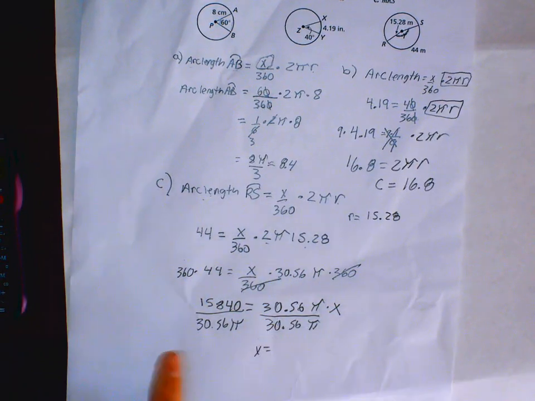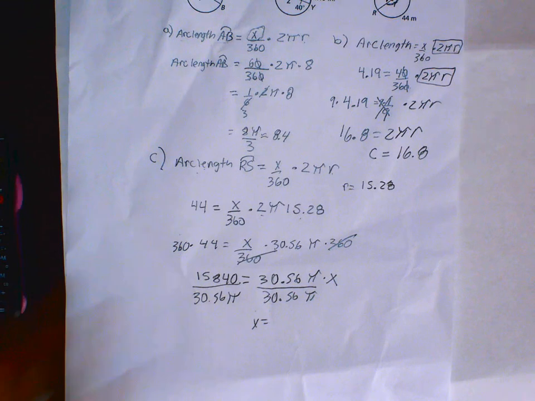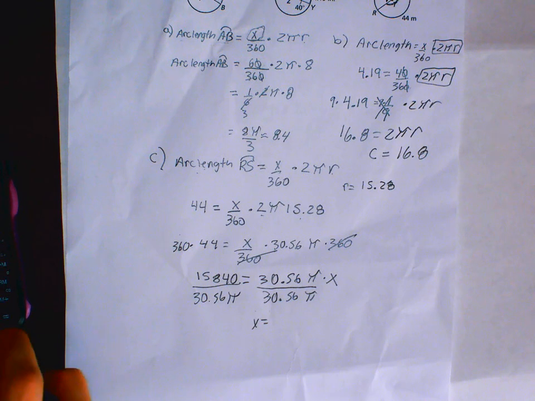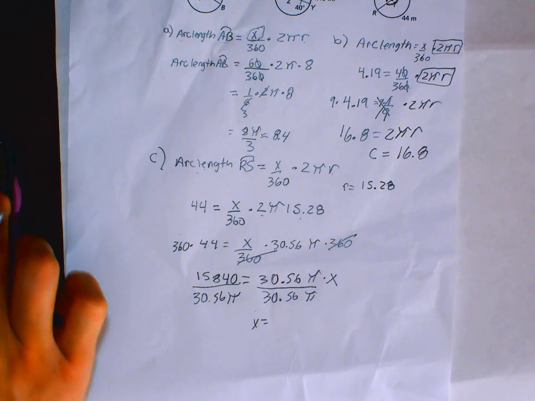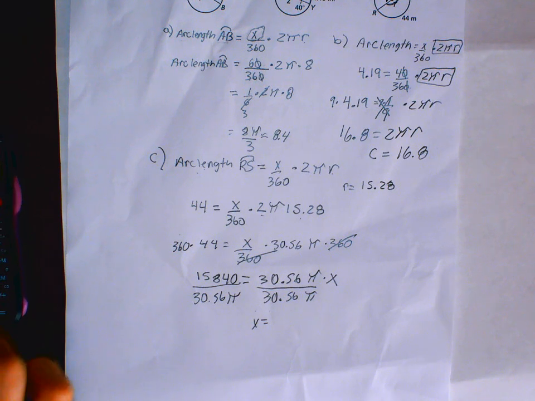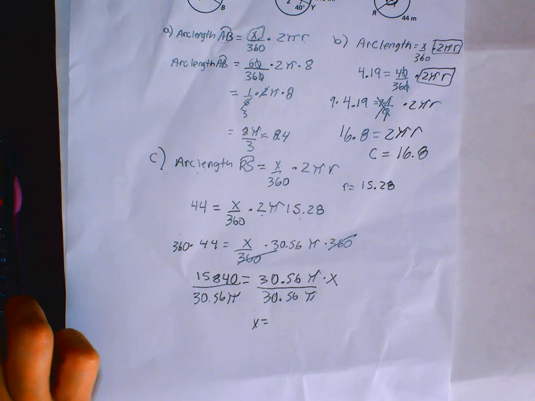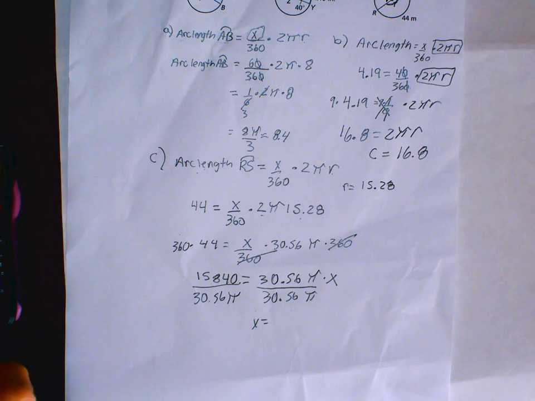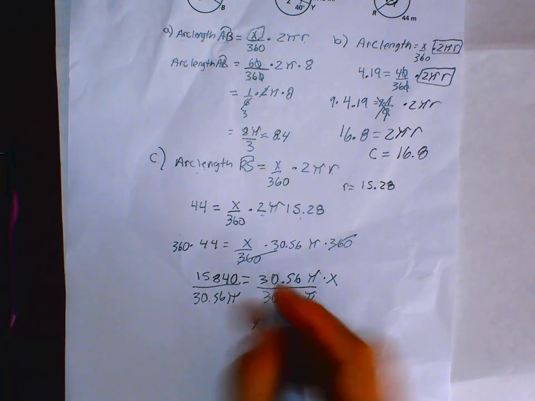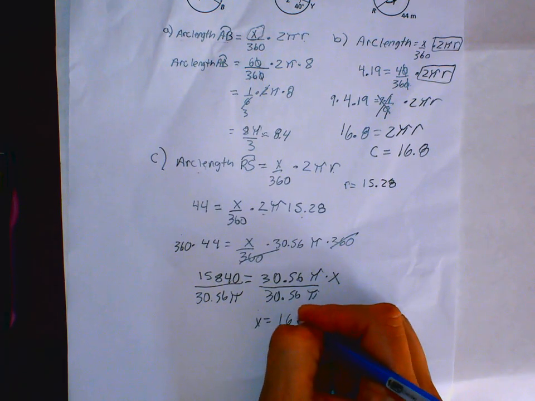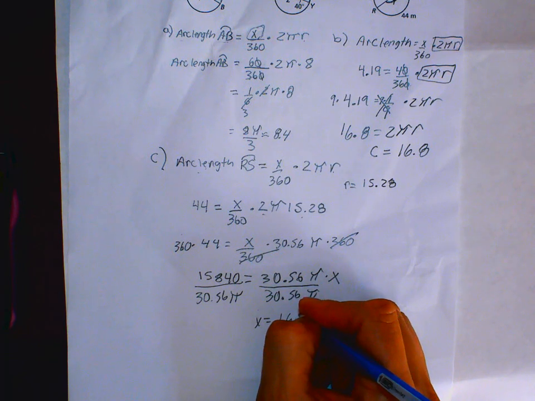Now, I'm going to put all of that into the calculator. 15,840 divided by 30.56 times pi. And I get about 164.98. To the nearest tenth, it's about 165.